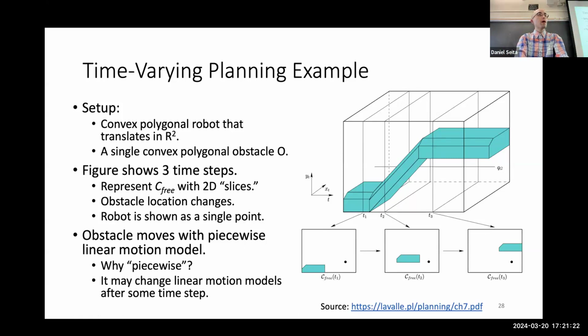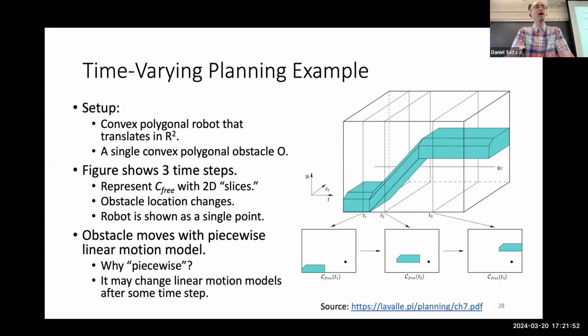Yep. All right, any question on the figure? The figure is just showing an example of a setup where there's a convex polygonal obstacle that moves, and then at different time steps, it might move in a different direction. That's why we call it piecewise.